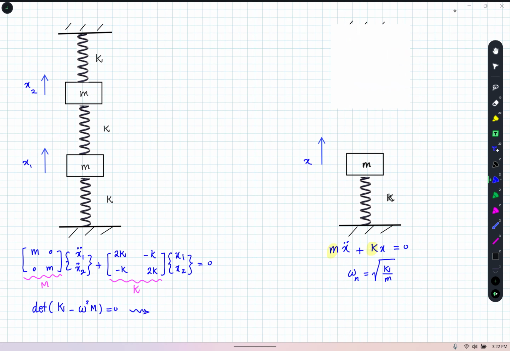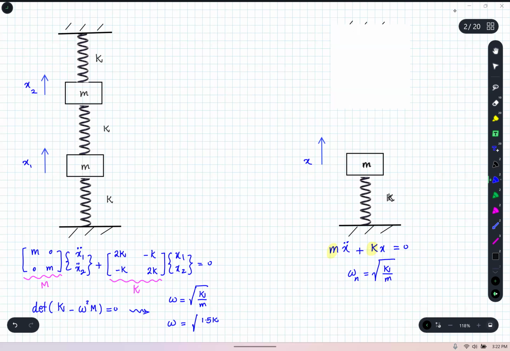If I solve the algebra, which I did, and I'm going to skip the algebra here, I'm going to find two answers. One is k over m, and another one is 1.5 k over m. The smaller one we call natural frequency 1 and the other natural frequency 2.